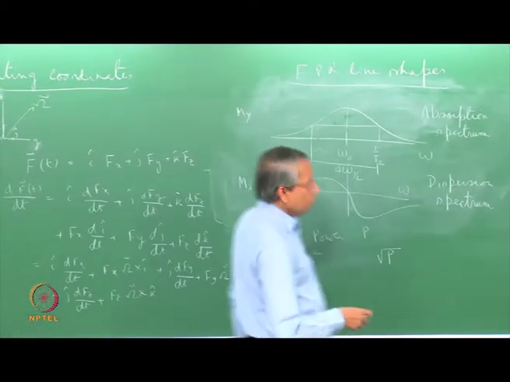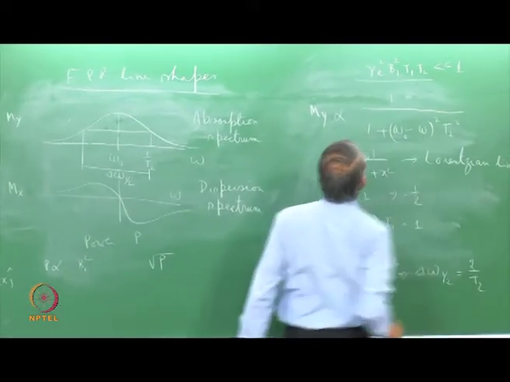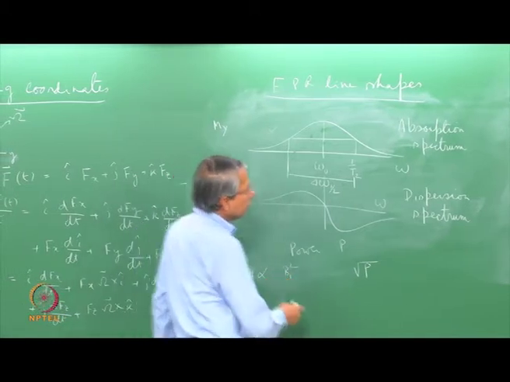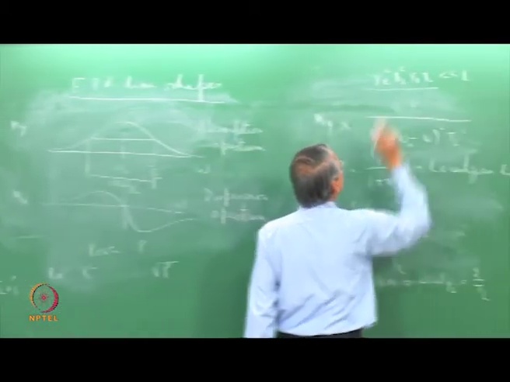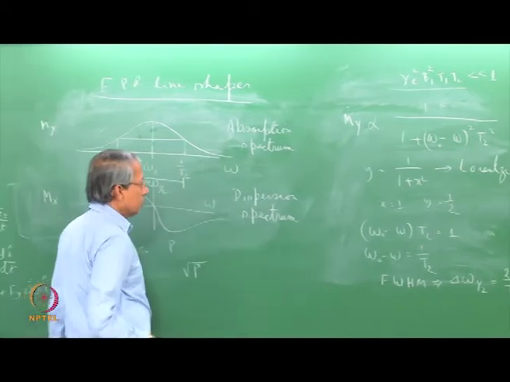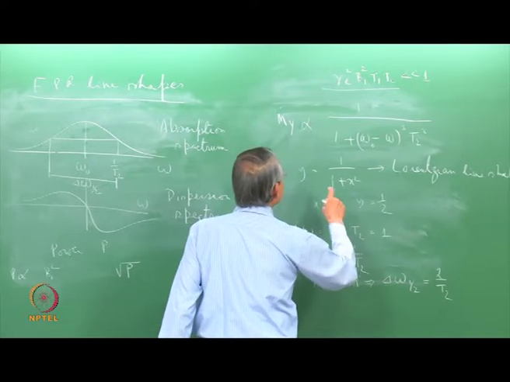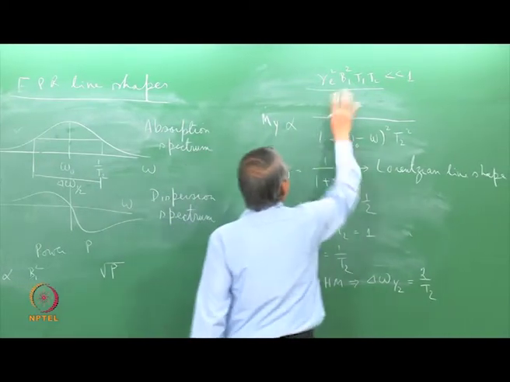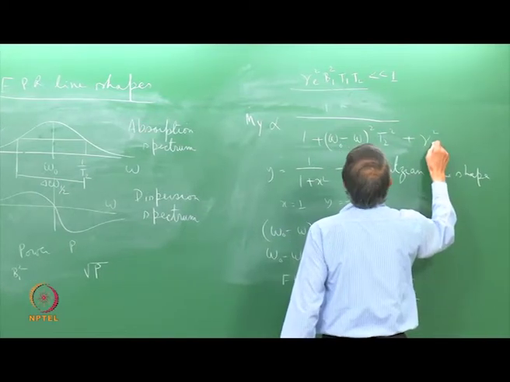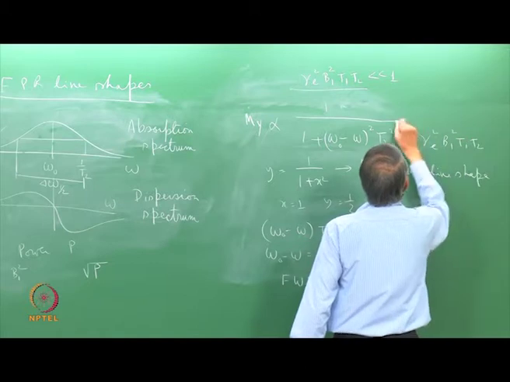All these are true when we have neglected this factor, this one. But as you keep on increasing the microwave power, this becomes more and more significant, and it is possible that this may not be neglected. Then the line shape will start showing distortion. So, when this becomes appreciable, it appears here as gamma square T1 T2.